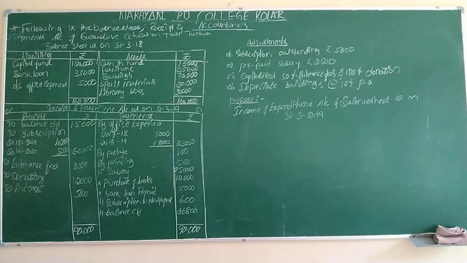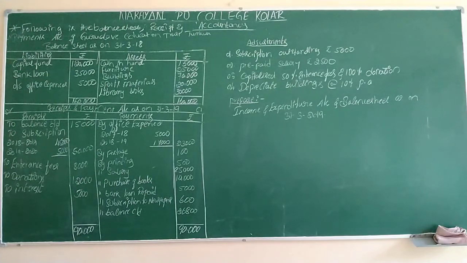Both we should add, and you write in the outer column 50,000. Entrance fees 8,000. Donations 12,000. Interest 5,000.